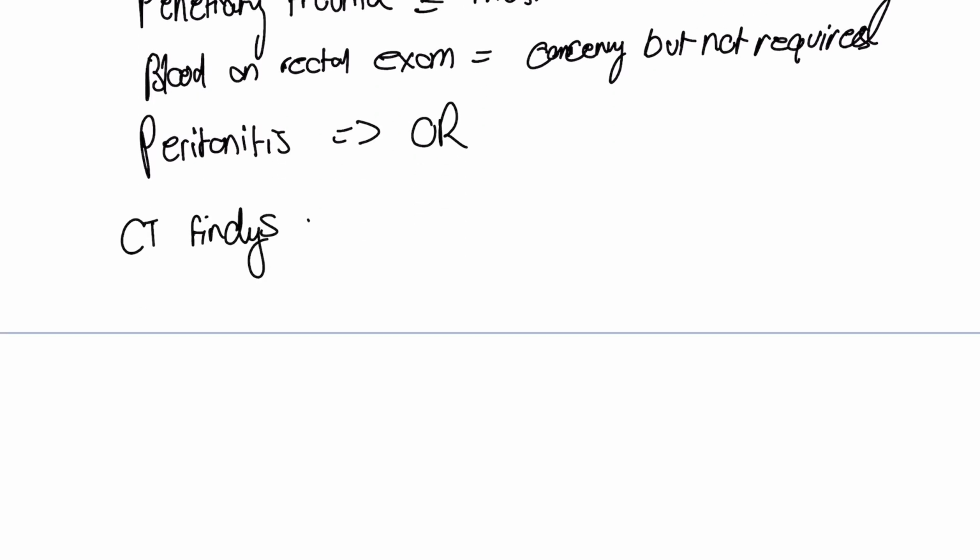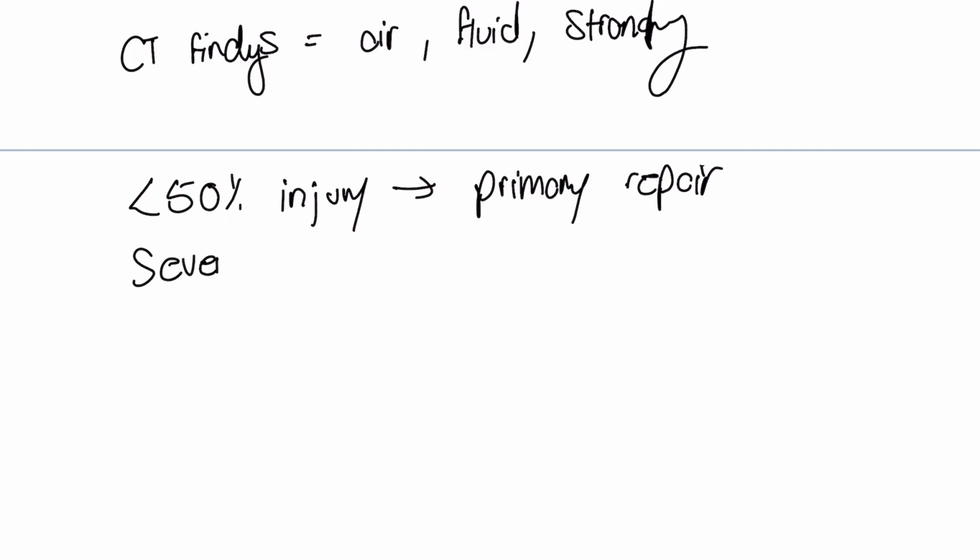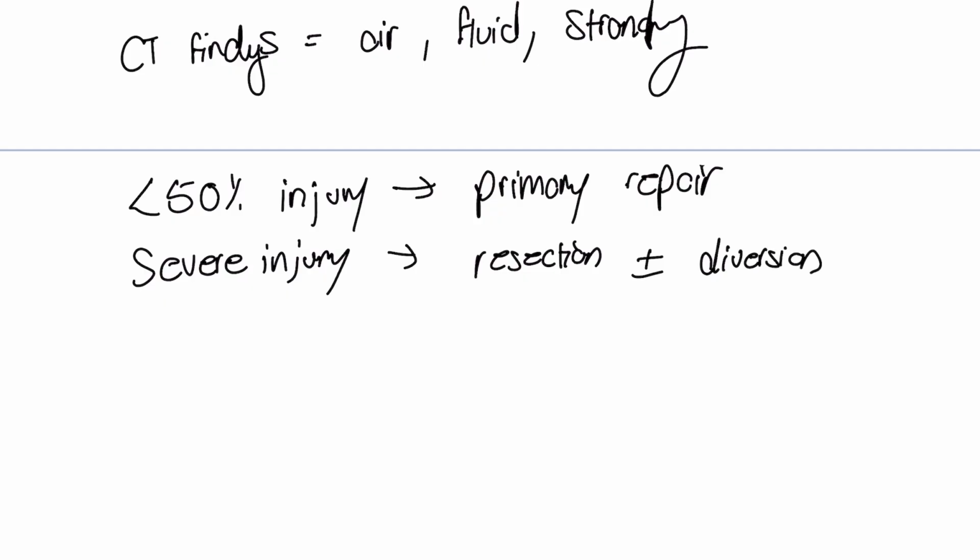For patients that have colon injury that is less than 50%, you can consider a primary repair. Remember to do this transversely to avoid narrowing of that bowel. And for severe injury patients, consider resection or diversion. And lastly, just remember the stop at trial for these patients do apply.